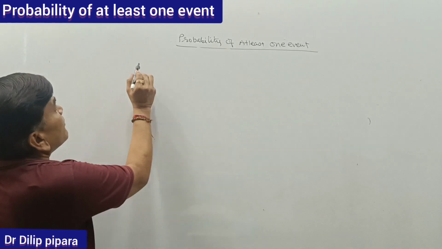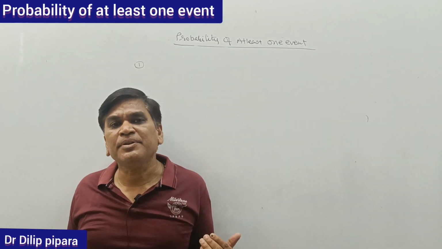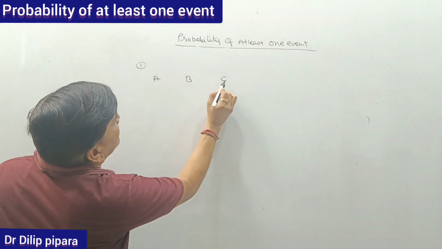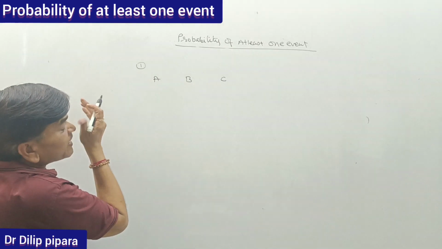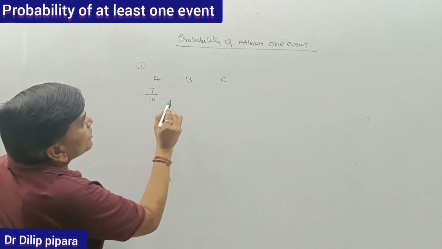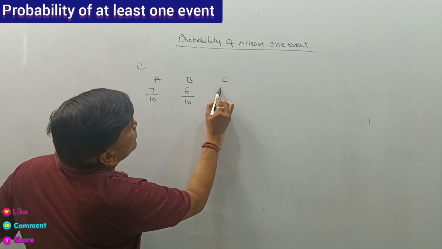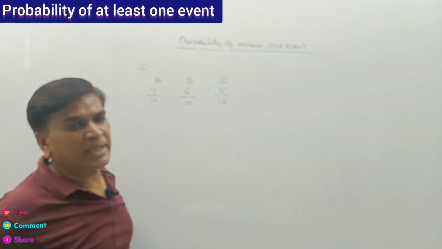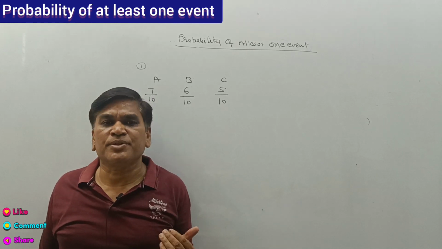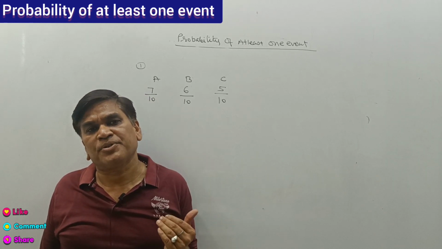So the very first question I have is a question of statistics given to three students A, B and C. Generally, A solves 7 out of 10 questions, B solves 6 out of 10 questions, and C solves 5 out of 10 questions of statistics.